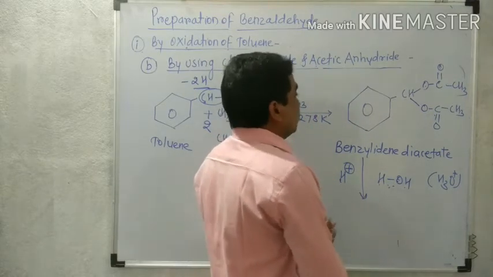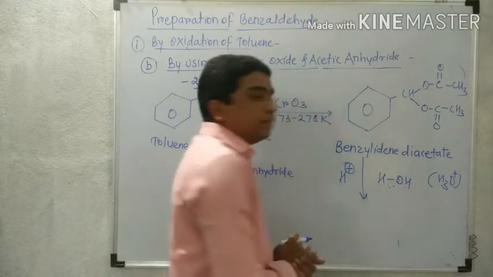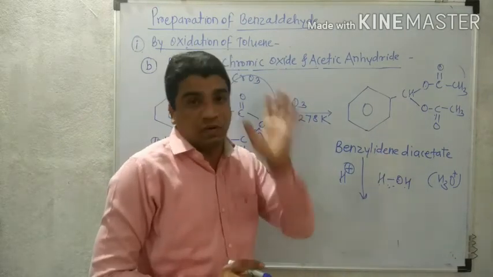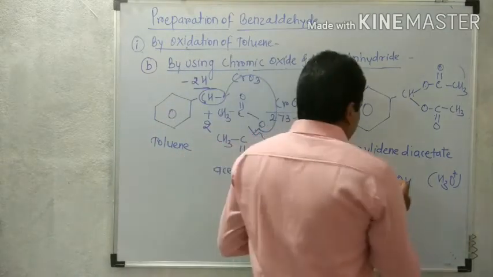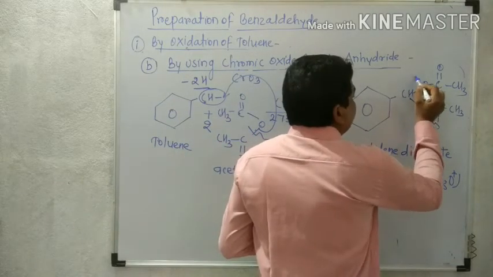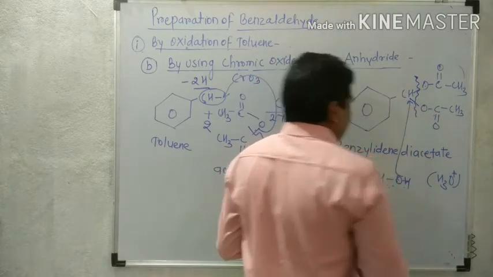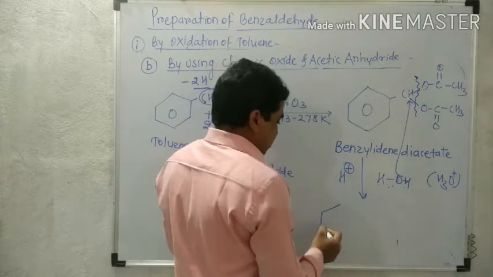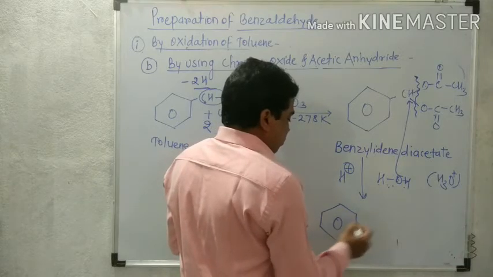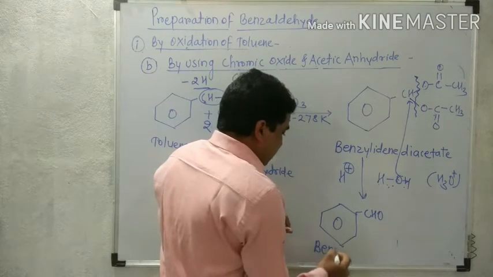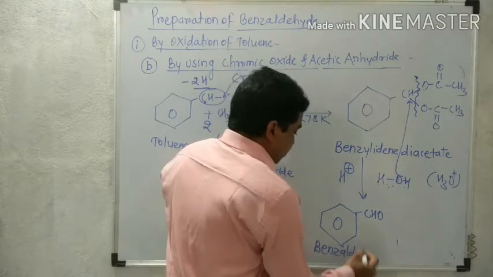So, in the second stage, the benzylidene diacetate undergoes acid hydrolysis. Here, under hydrolysis, the breaking of the bond takes place. Oxygen from water attaches to the CH, so CH is converted to CHO. That means we again prepare benzaldehyde.